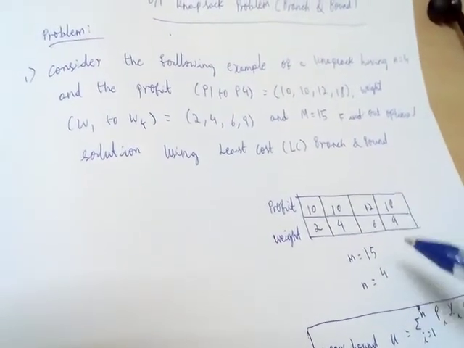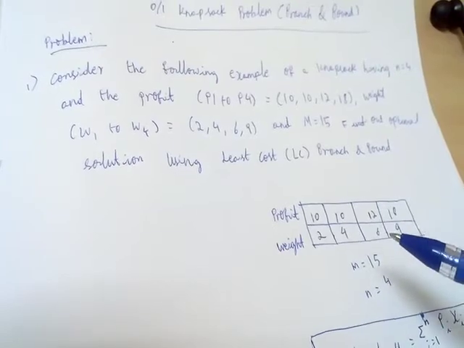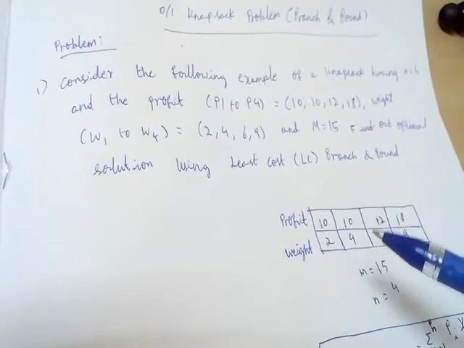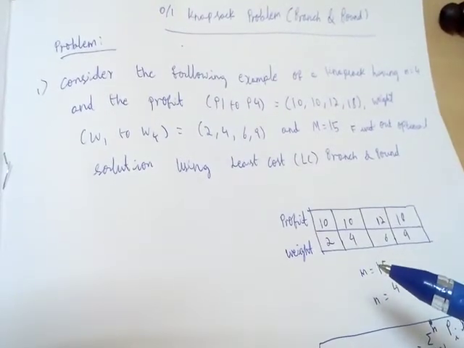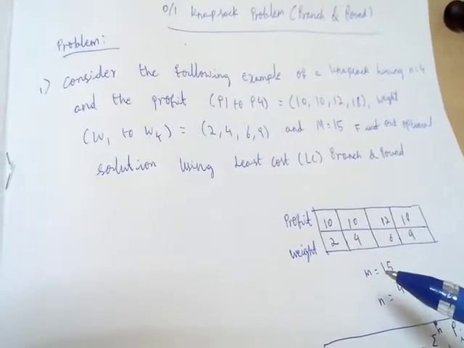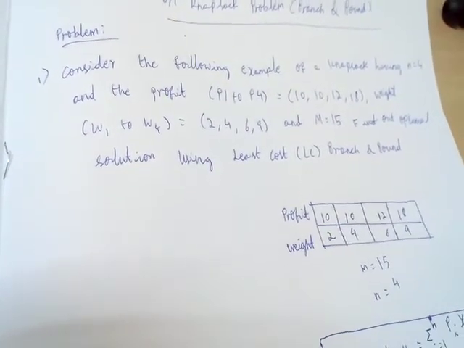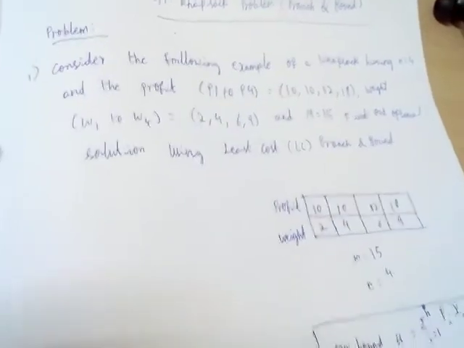Whereas this 0-1 knapsack problem, as I told earlier, is a maximization problem. So in order to use least cost branch and bound, we have to reduce this maximization problem into a minimization problem. Let's see how to solve it.